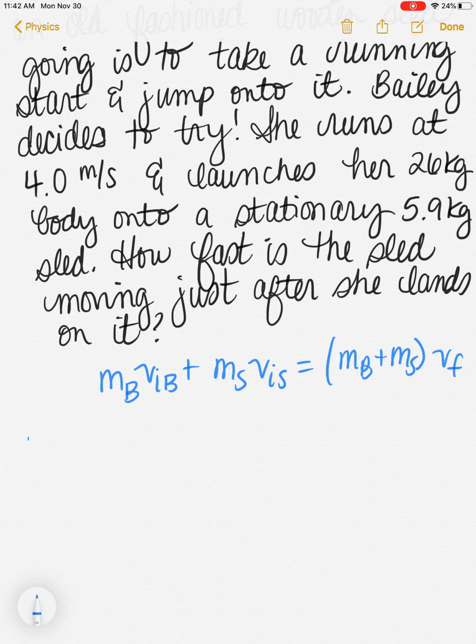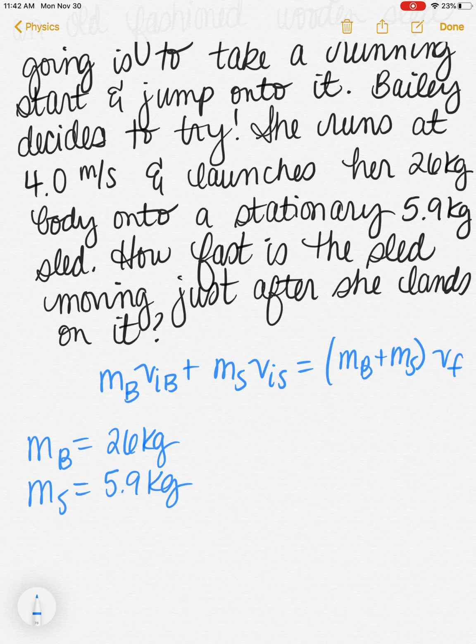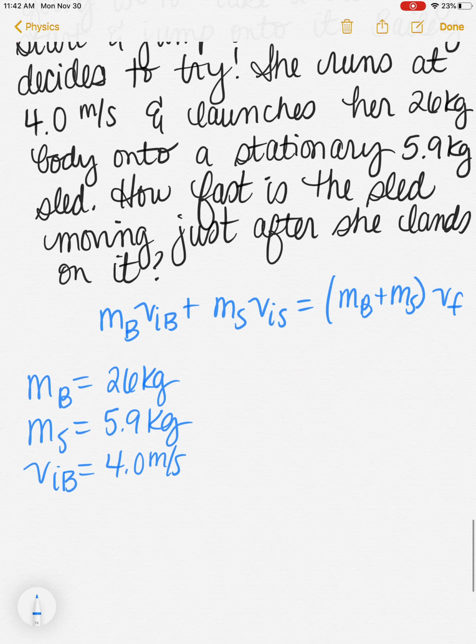Now, if I list the things that I'm given, I know that the mass of Bailey is 26 kilograms. I know that the mass of the sled is 5.9 kilograms. I know that the initial velocity of Bailey is 4.0 meters per second, and the initial velocity of the sled is 0 because they called it a stationary sled.